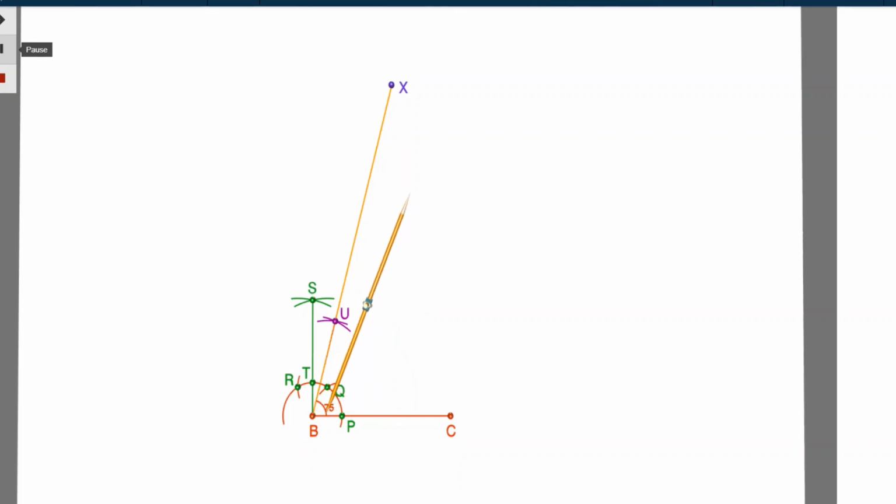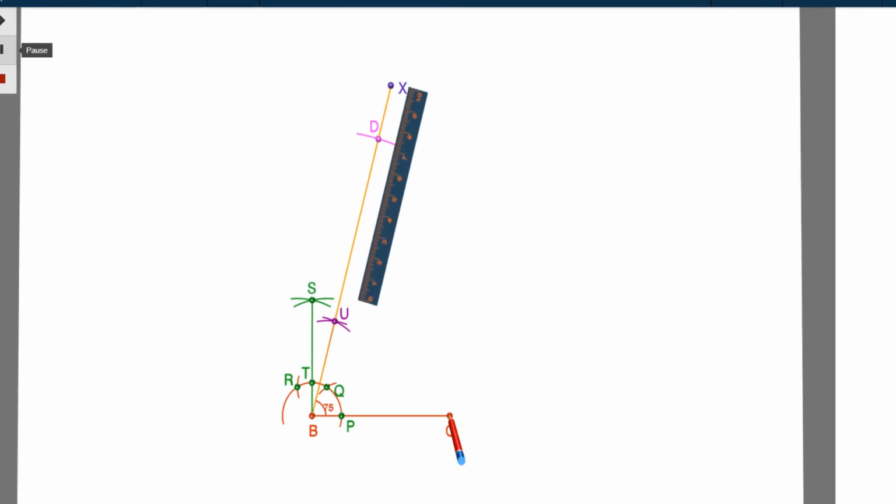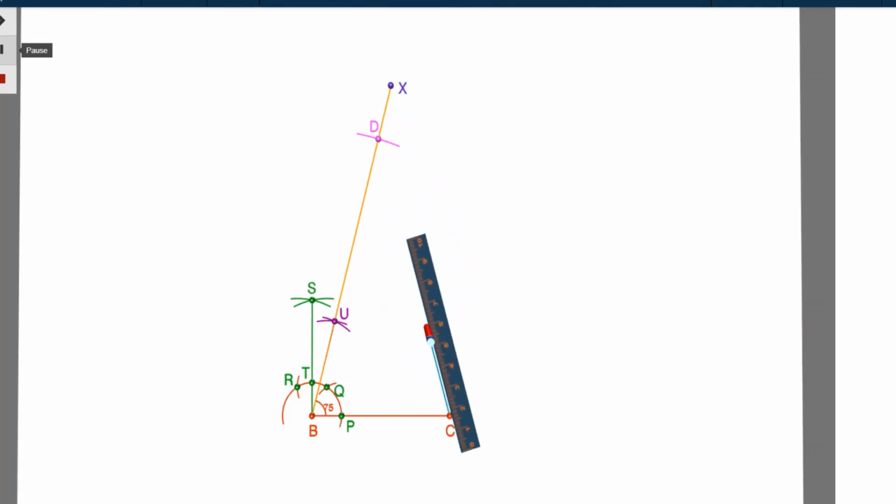So from B as center, make an arc of 13 cm. Take that point as D. So BD is 13 cm. AB plus AC is BD, 13 cm. Join CD.